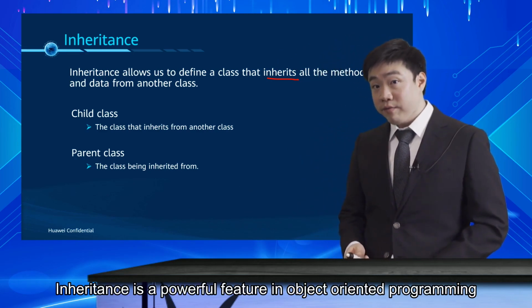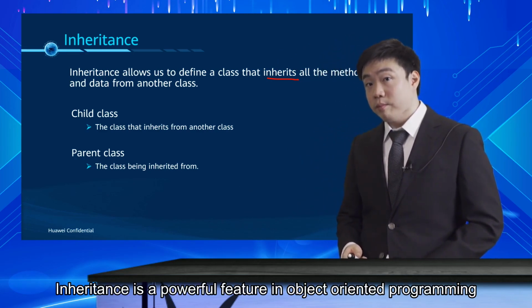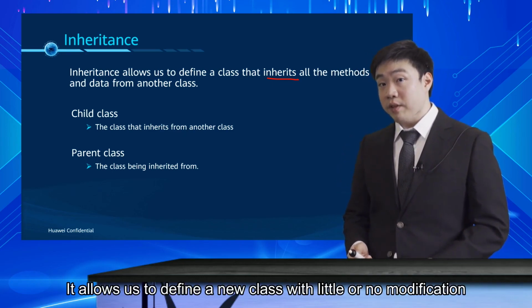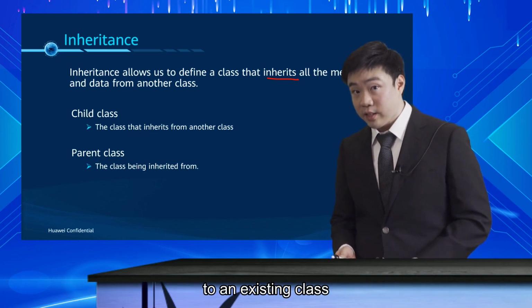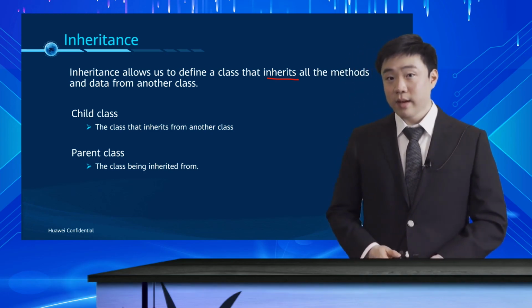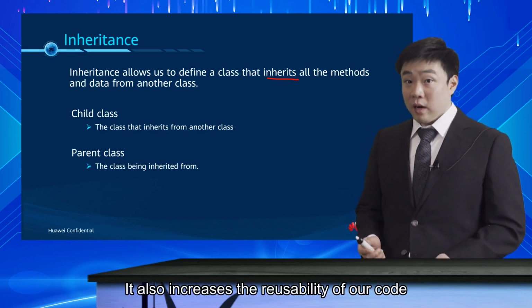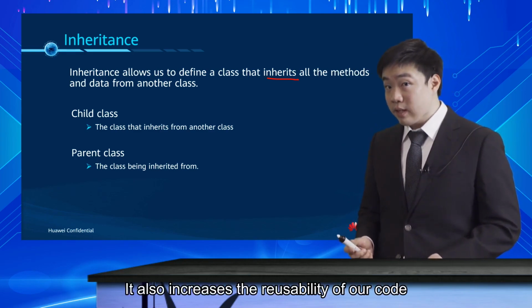Inheritance is a powerful feature in object-oriented programming. It allows us to define a new class with little or no modification to an existing class. This makes it easier to maintain our code. It also increases the reusability of our code.